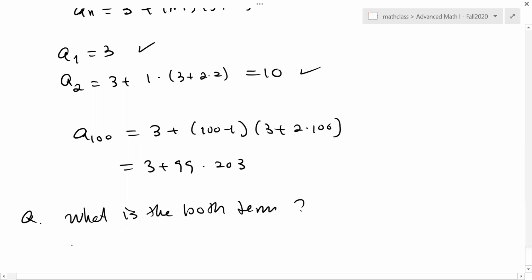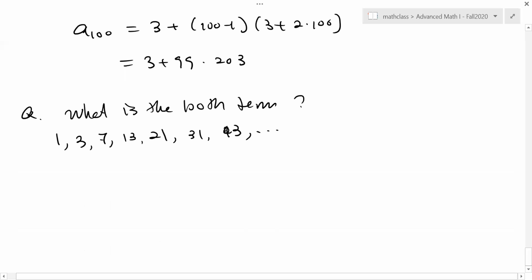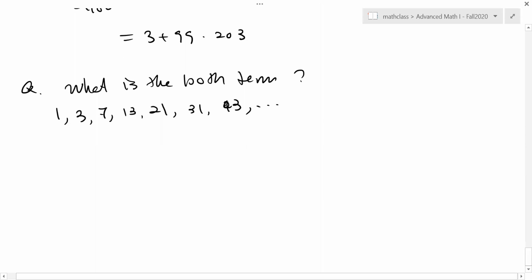And you are given the sequence 1, 3, 7, 13, 21, 31, 43. Okay, please work on this problem.